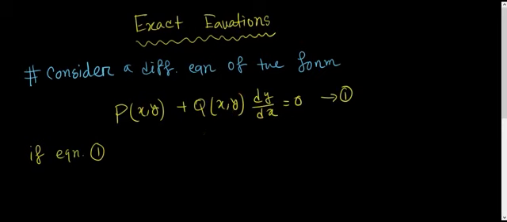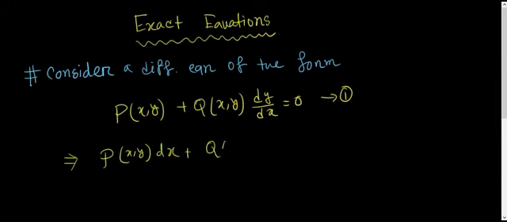So let me be a bit precise. So let's say you have equation 1, and after that what you do is that you write it like this. From this line you can have it p(x,y) dx plus q(x,y) dy equals to 0. Let's call it equation 2.